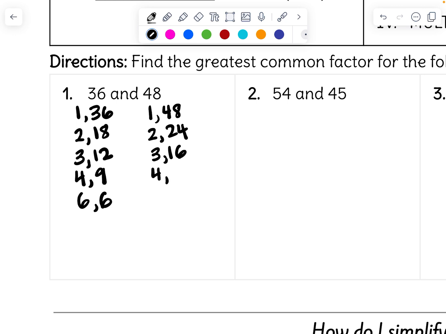So then we would have 4 and 12. You would try to divide 48 by 5, but you get a decimal. So 5 is not a factor. It has to divide evenly. And then 48 divided by 6 is 8. So you can have 6 times 8. And the only number you need to check now is 7, because once you have these two numbers and the only number left in between them is 7, 48 divided by 7 gives you a decimal, so 7 is not a factor, and you know you're done.